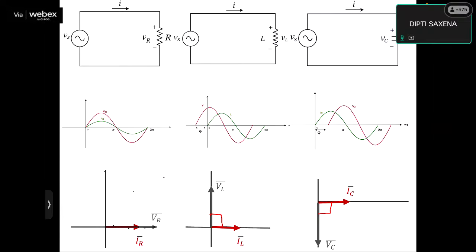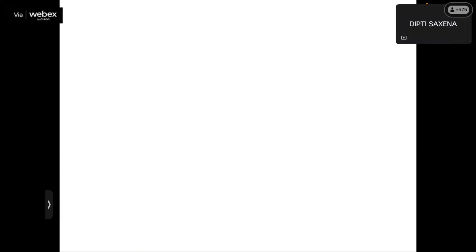So you can say it any way round: the current through the capacitor leads the voltage across the capacitor by an angle of 90 degree, or VC lags IC by an angle of 90 degree.